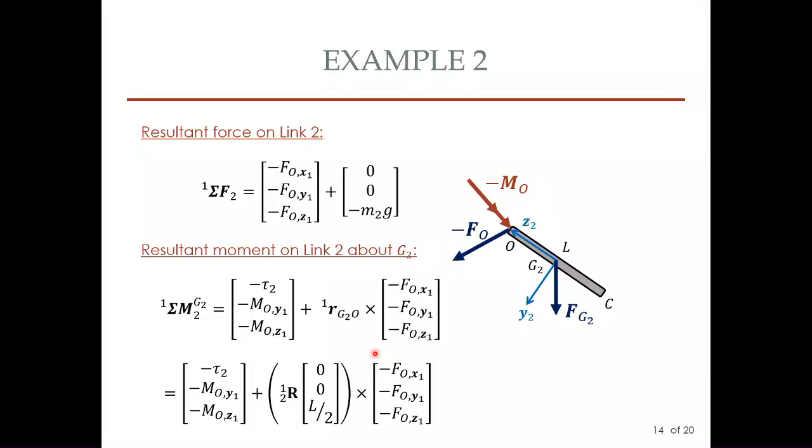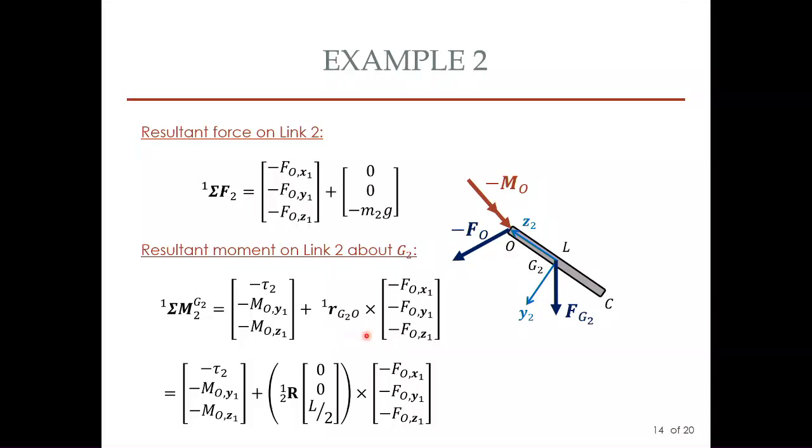Apparently some of you are happy with R cross F as a 3D moment calculation due to some force. If you are only used to two-dimensional multiplying of distance and force in some direction, this cross product will give you all the directions of the moment at the same time. So you will need to try and convince yourselves, I guess.